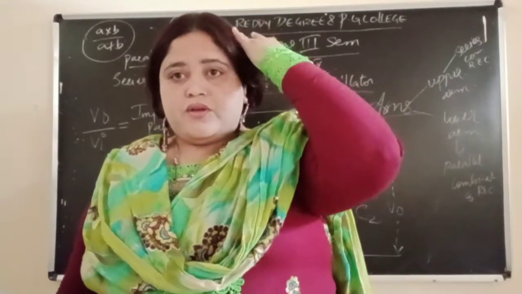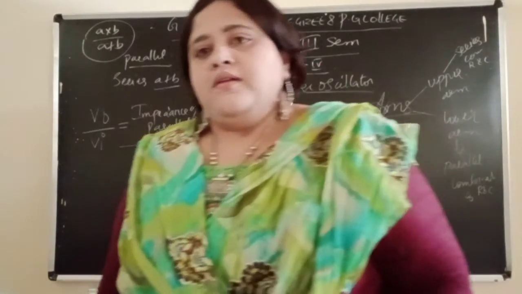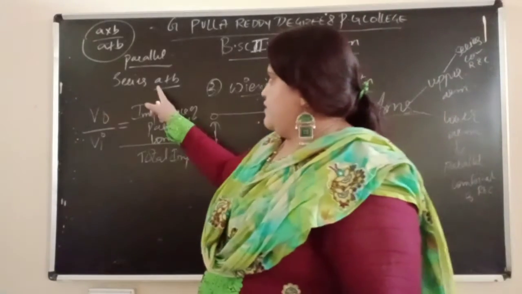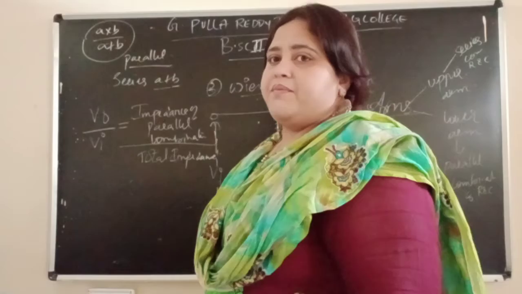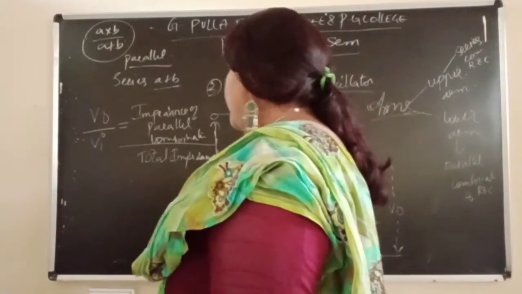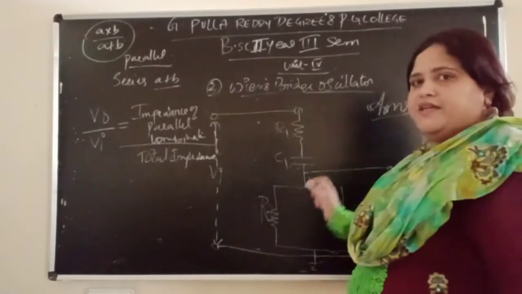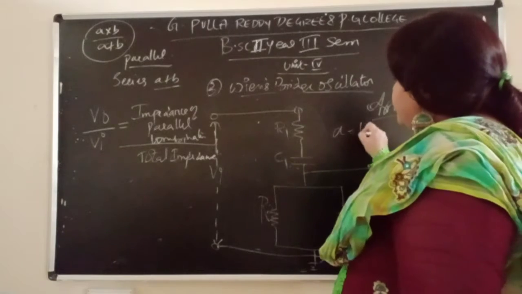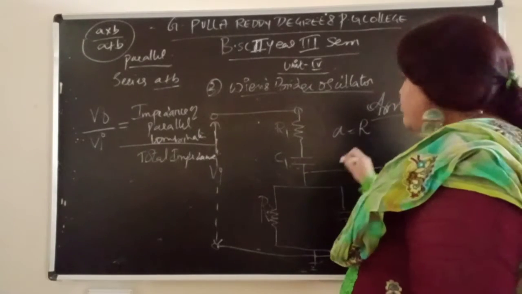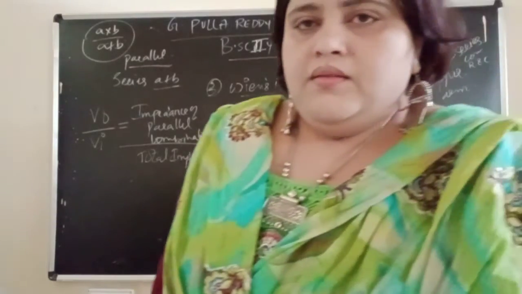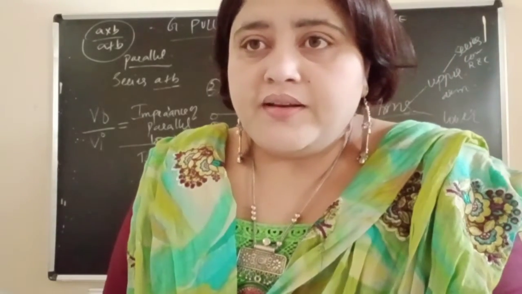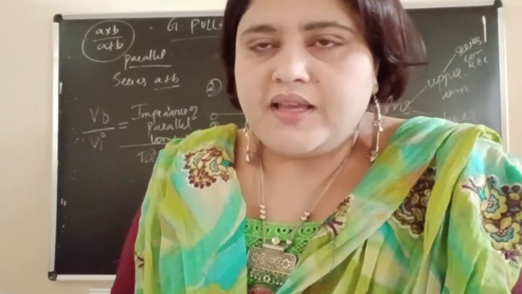Series means A plus B, parallel means A into B by A plus B. Now what is A here and what is B here? A is nothing but resistor and B is nothing but capacitor.